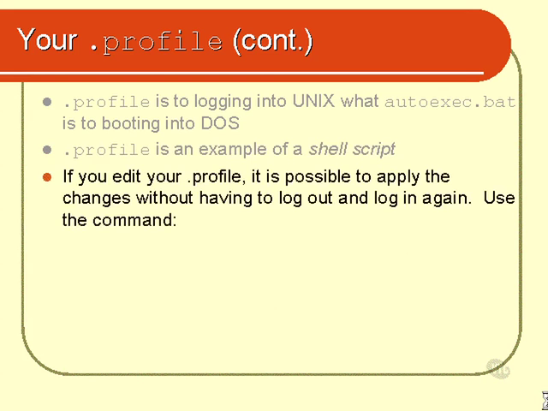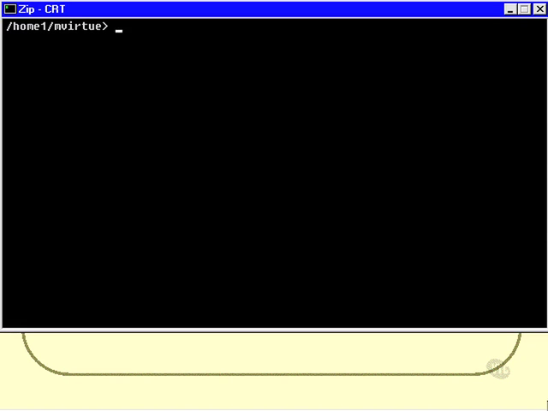And finally, it is possible to modify your .profile and then apply those changes without having to log out and log in again. You use the command dot of .profile. So you type just the letter dot, then a space, and then the .profile itself. Let me show you how that looks. So I might make a change to my .profile.